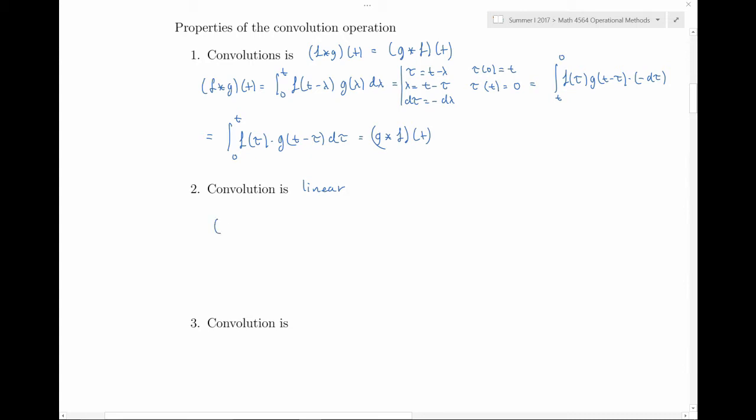So if I take a function f and compute a convolution with a linear combination of two other functions, then that's going to be the same as the linear combination of convolutions. This property is easy to prove with properties of the integral.